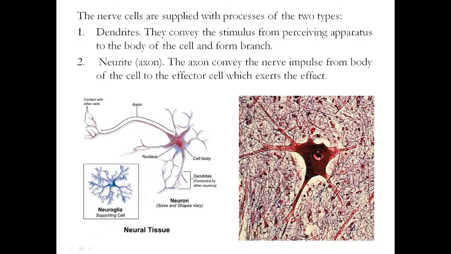The axon conveys the nerve impulse from the body of the cell to the effector cells, which exert the effect. What do you see? Cell body, axon, this dendrite, this is nucleus. It is in contact with other cells, forming synapses. This is neuroglia, supporting cells. Together they form neural tissue.